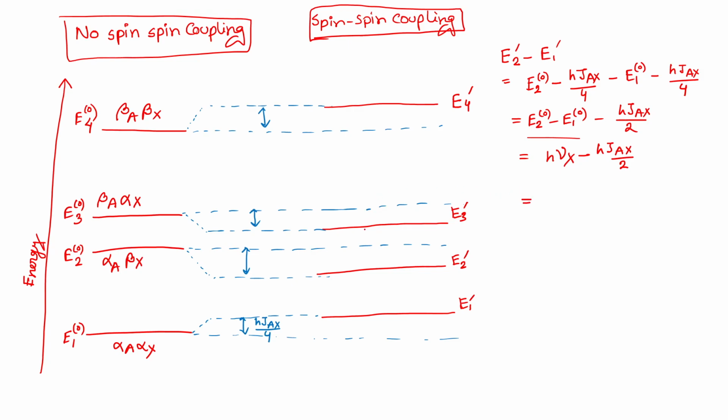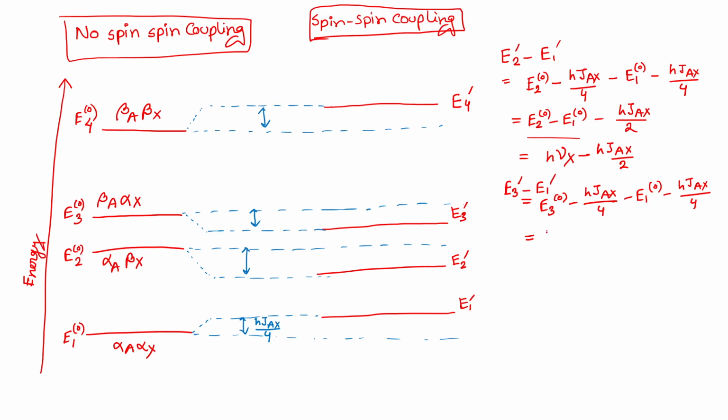And what about these two? What about E3 dash minus E1 dash? Similar, right? E3 0, it has also been stabilized, and the second one has been destabilized, but as minus was there, so plus becomes minus.